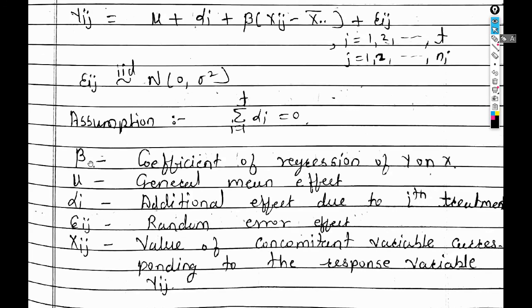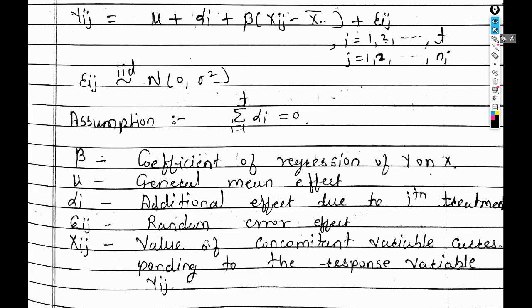In this model, beta is nothing but the coefficient of regression of y on x. When we find the regression equation of y on x, we get the coefficient of regression beta. Then mu is our general mean effect. Alpha i is the additional effect due to the ith treatment.